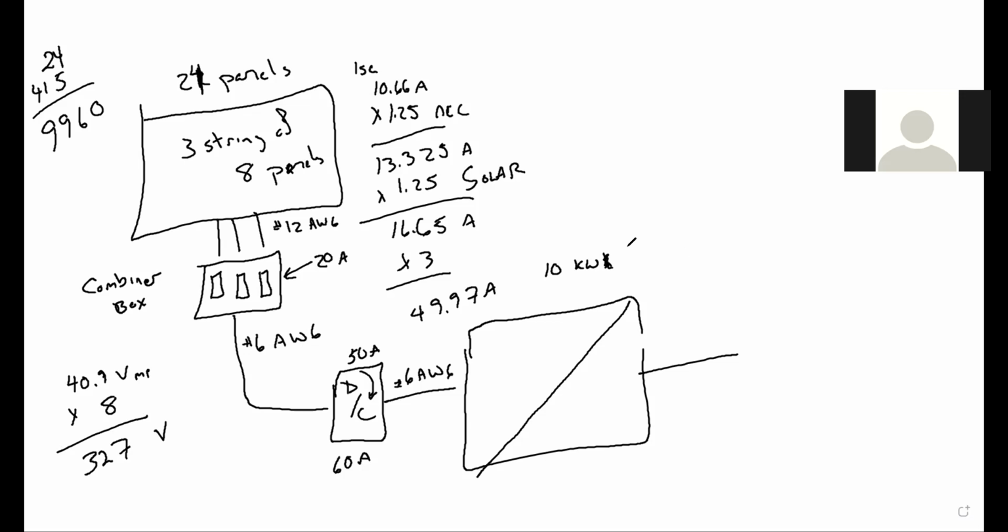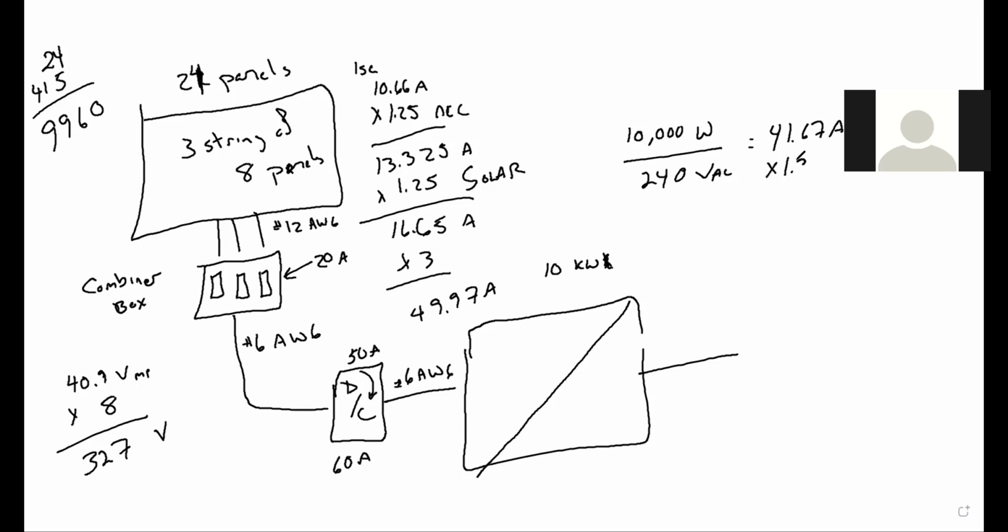Let's assume that we have to size it based on the maximum. So it's a 10 kW output. So I would put 10,000 watts divided by 240 volts. That's going to be AC. And we're going to end up with 41.67 amps.